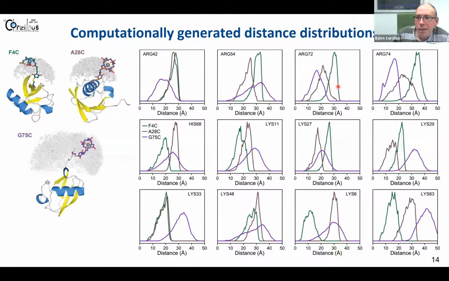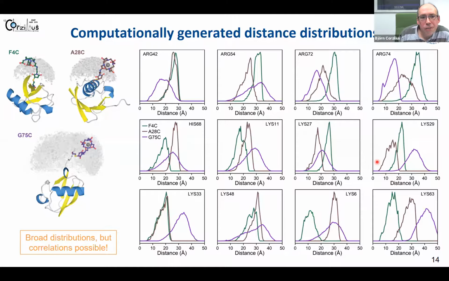And you can already see that different amino acid types have quite different distributions with respect to the different mutants. This should now be possible to correlate with our experimental data.